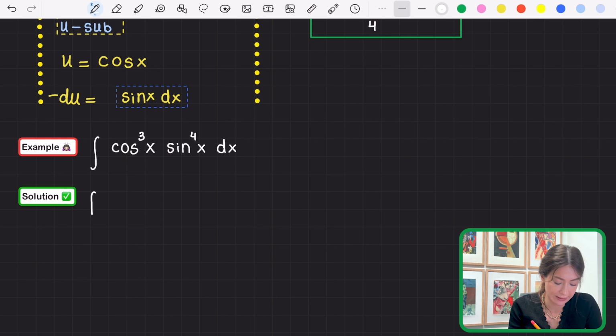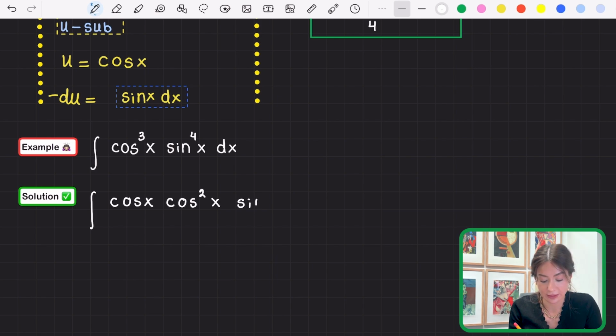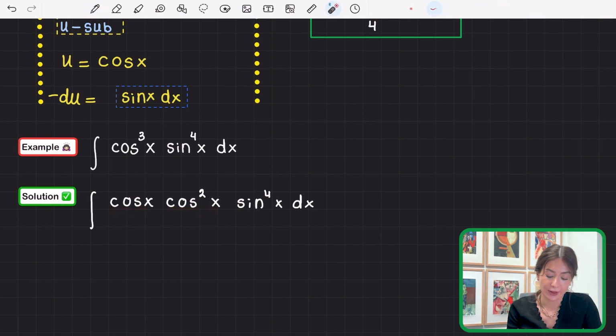So I'm going to rewrite this. I'm going to borrow 1, and I'm going to have square here. So in this step, I'm simply rewriting cosine cubed. It's cosine times cosine squared x. And this I left unchanged. The guideline doesn't want you to do anything to the one that came with the even power. And now I'm going to express cosine squared in terms of sine, as 1 minus sine squared.